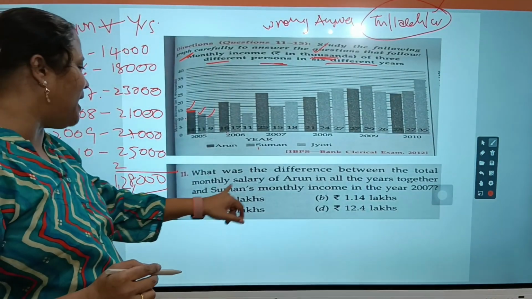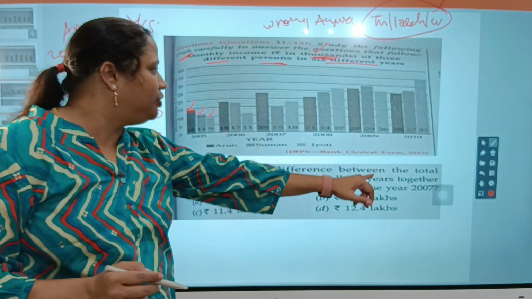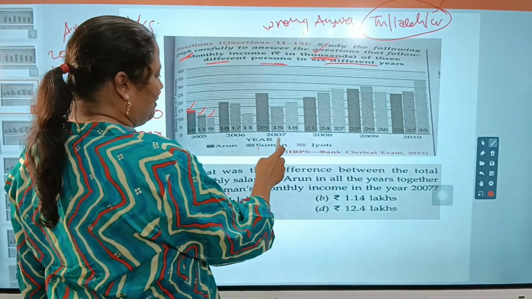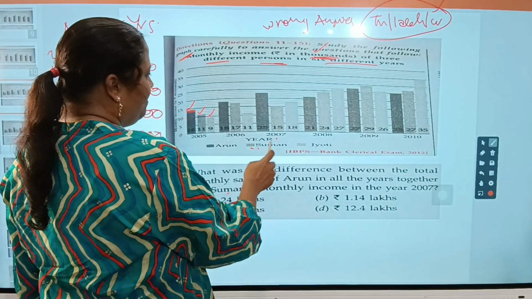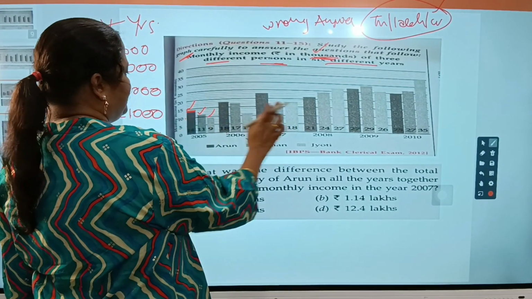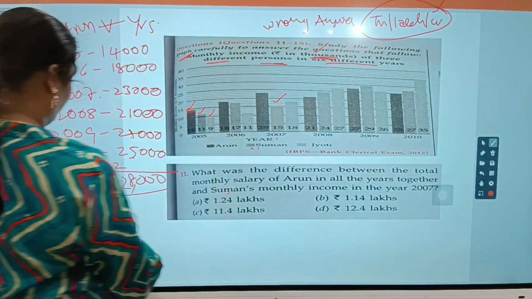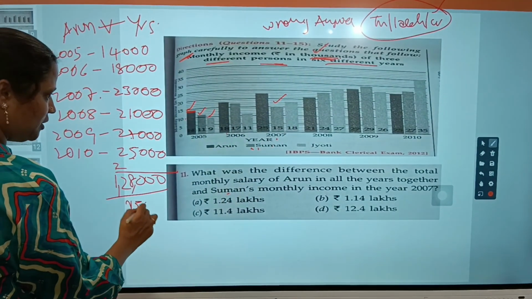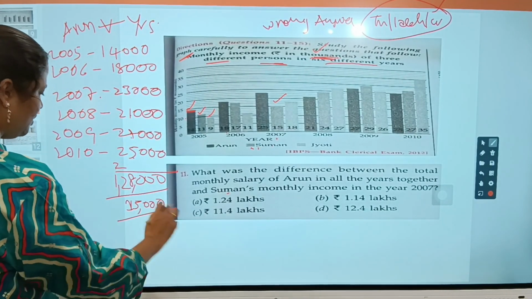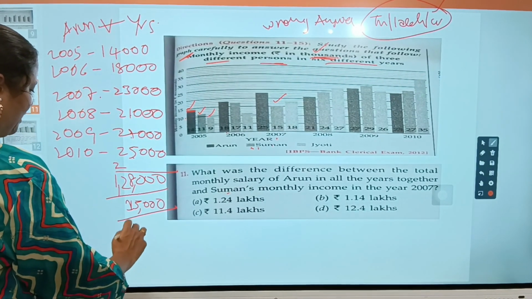Now we have to subtract Suman's monthly income in the year 2007. In 2007, we have to see Suman's dark grey color salary. How much is it? 15,000. So if you subtract, it will come to around 113.